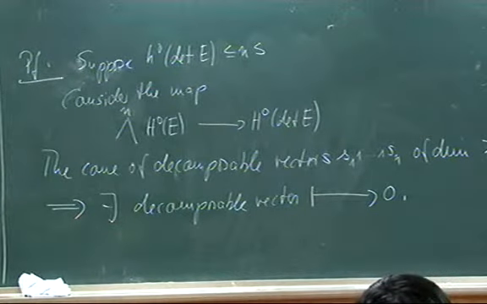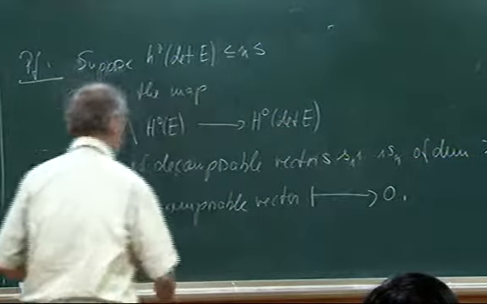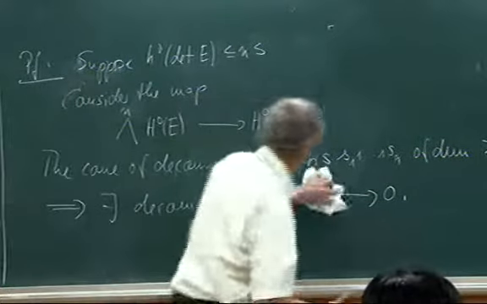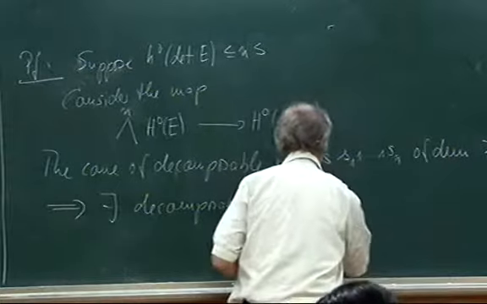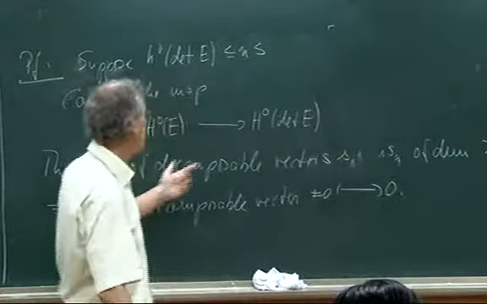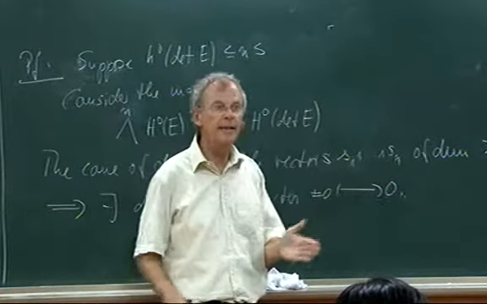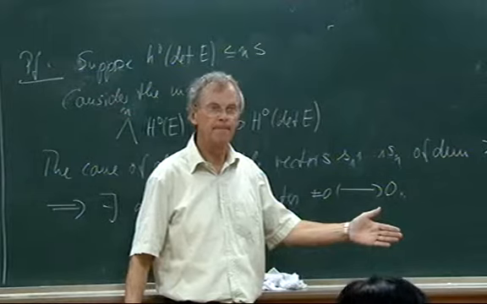Right? And what does this mean? I mean a decomposable vector different from 0, I should write different from 0, which goes to 0 here. If you have a decomposable vector different from 0, this means that the sections are linearly independent, right?